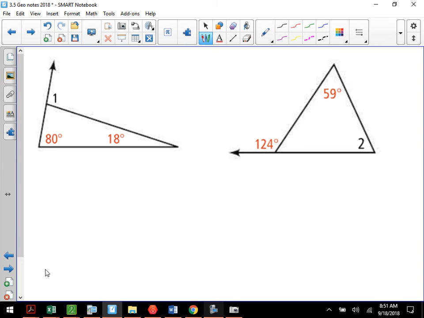We're going to figure them out. We're going to work on it and see what we can do.